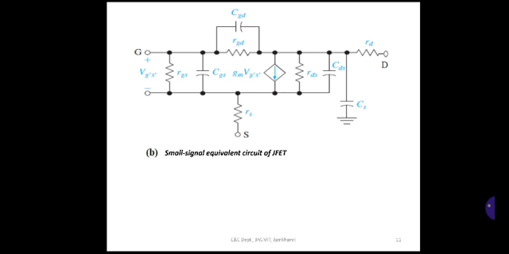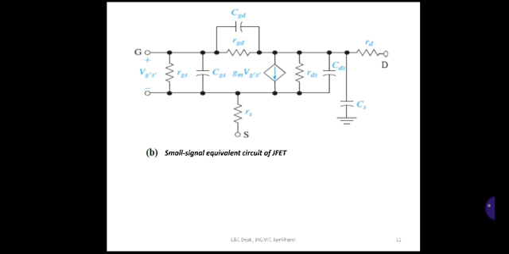The voltage Vg dash S dash, at the input side, at the gate, is the internal gate to source voltage. GS stands for gate to source. It is the internal gate to source voltage that controls the drain current.